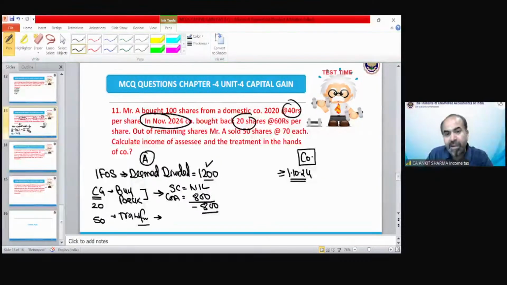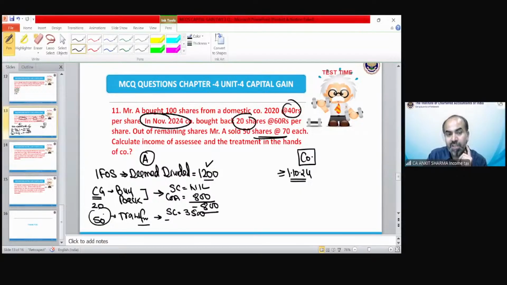What would be the treatment of these 50 shares, what he has transferred for 70 rupees each? Soumya is saying 4,000. No. Jayendra is saying, and Paran is saying correct, 1,500 rupees gain, because sale consideration would be 3,500.